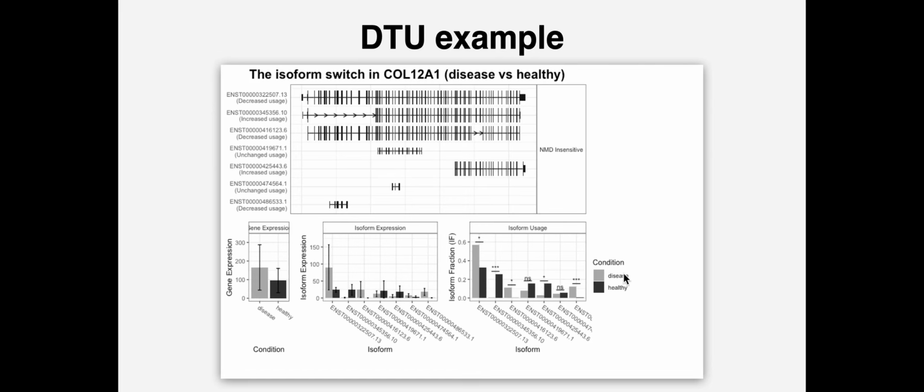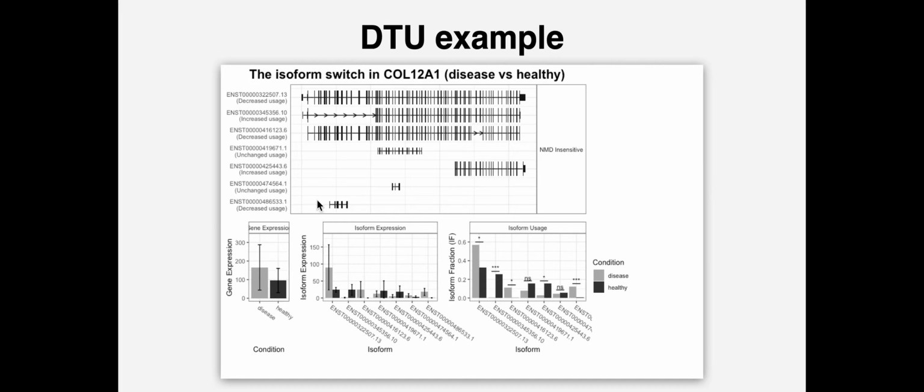But in the skin of patients with the disease, the majority of the gene's expression is coming from this isoform. There's an isoform switch. It's coming from this one and this one. So there's really this switch from using isoform 2 and 4 and 5 to using isoform 1 and 3, right?